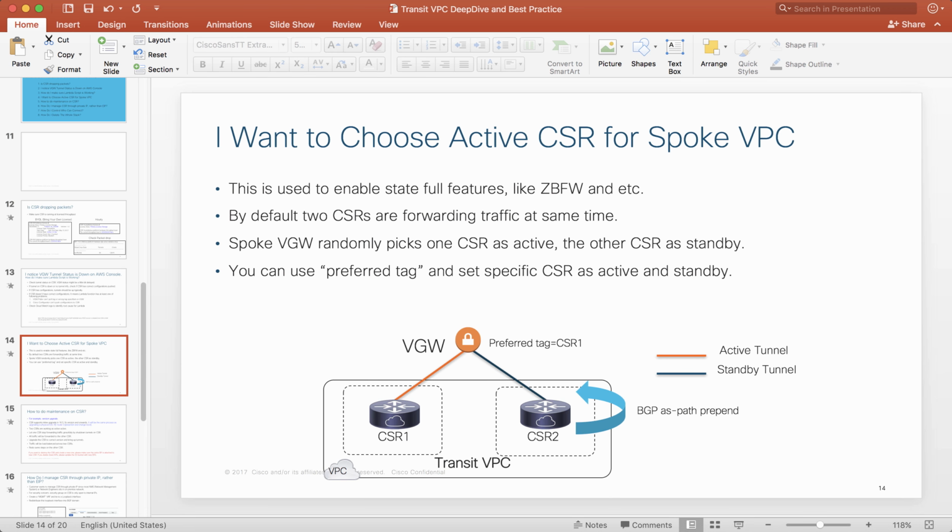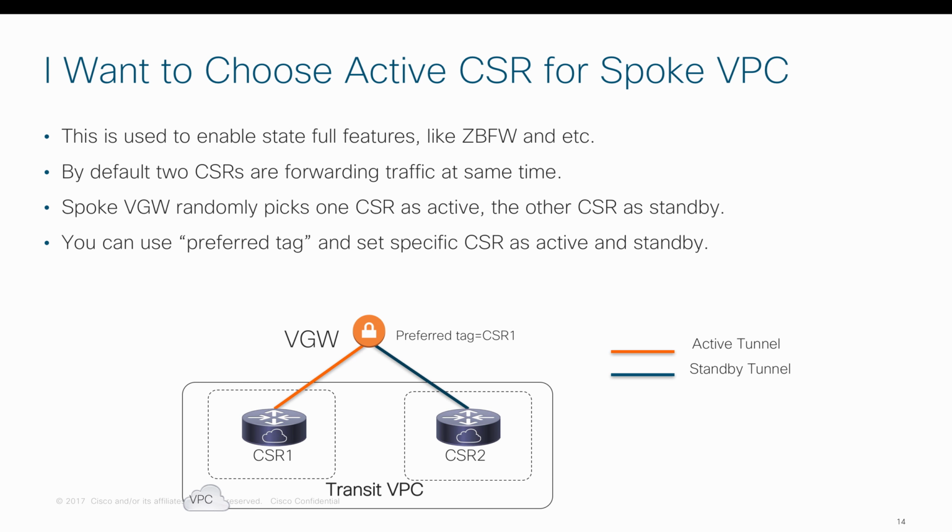The next part I want to talk about is how do you choose one of the CSRs for your specific spoke. This is very useful if you are running some stateful features on the CSR, like the zone-based firewall, or if you enable the IPS, as I covered in a different video on how to enable IPS. By default, the CSR1 and CSR2 are both forwarding traffic.